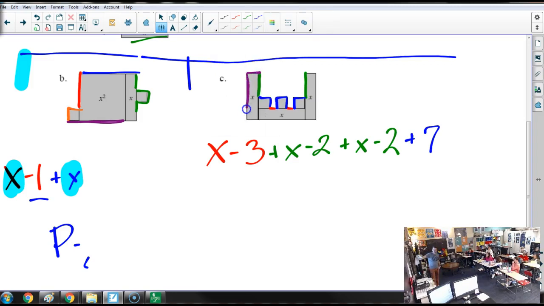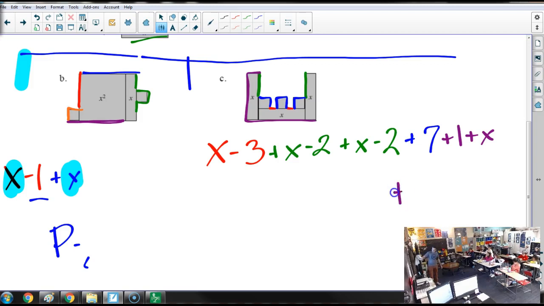What would this purple length be? x plus 1. So you could do the 1 separately, or say plus 1 plus x. I don't care how you write it out, as long as you have all the pieces that you need. What's across the bottom here? x plus 2, or 1 plus x plus 1, or 2 plus x, however you want to write it.